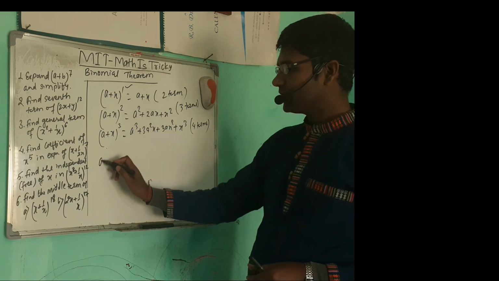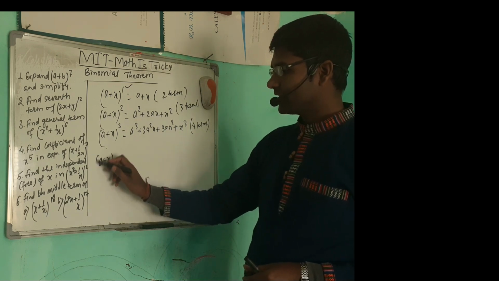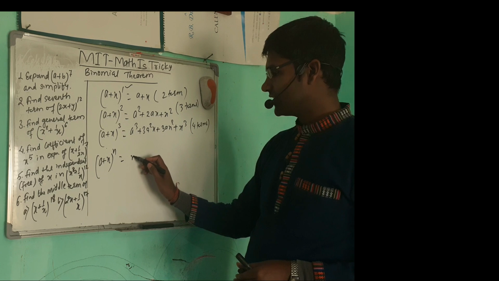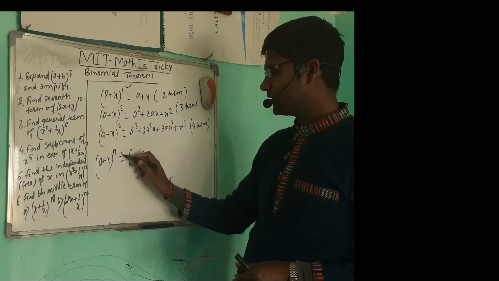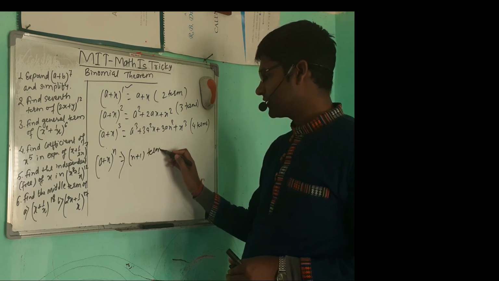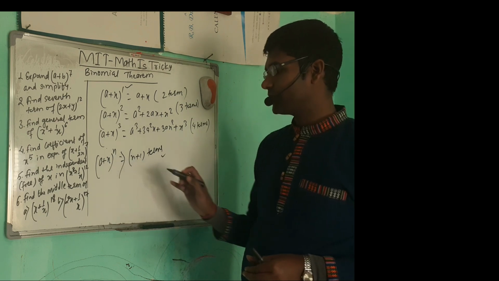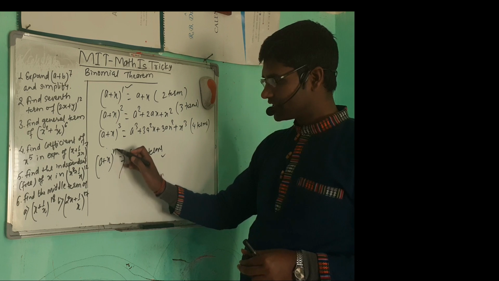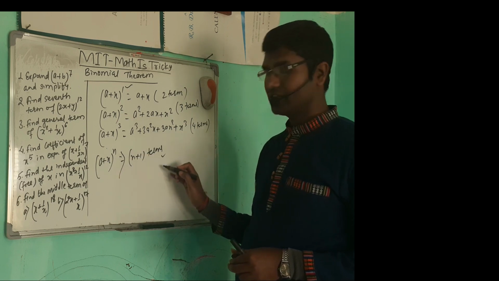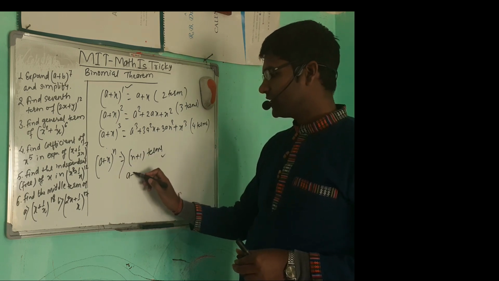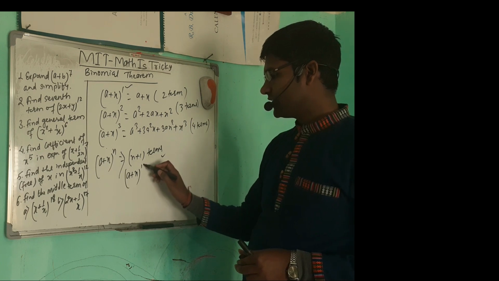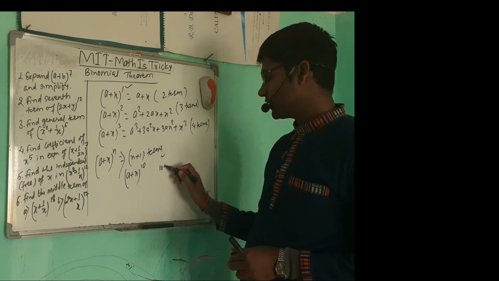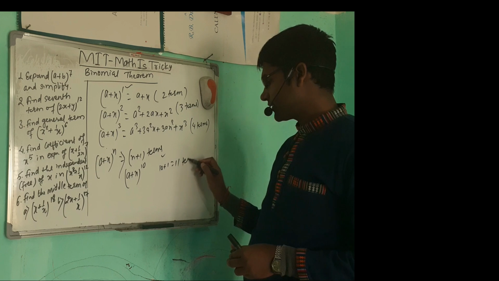If the power is n, (a + x) to the power n, we will get n + 1 terms. In this expansion we will get n + 1 terms. It means (x + 1) to the power 10 will give 10 + 1, that is 11 terms.